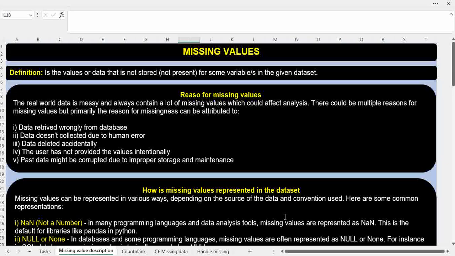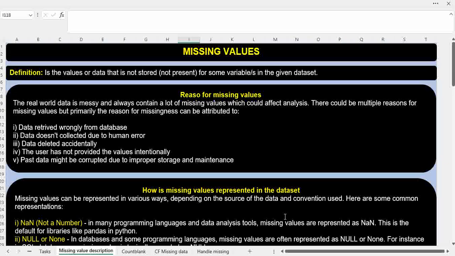What are missing values? A missing value is a value or data that is not stored or not presented for some variables in the dataset. For example, if you have the data for a retail shop, and you miss the gender of the buyer or the order date of when the items were bought, that is a missing value in your data.